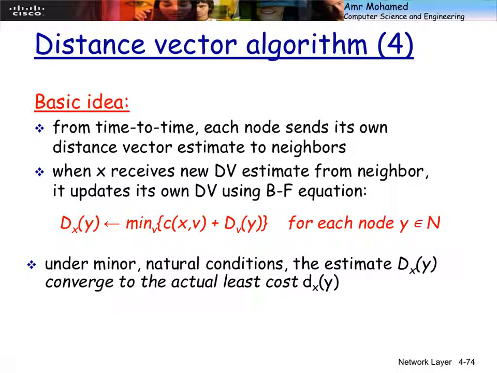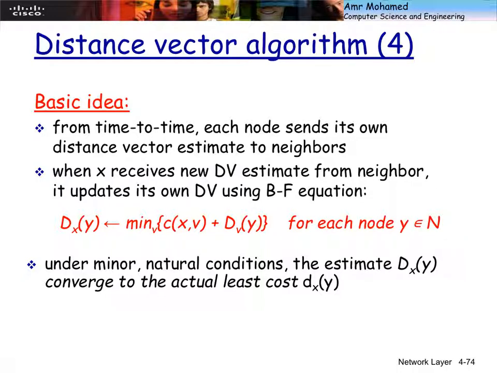easy. So the basic idea here is that from time to time, each node will calculate the distance between itself and all the adjacent nodes. Okay? So the distance from x to y, where x is the root node and y is any adjacent node. Send these distances to all the neighboring nodes.